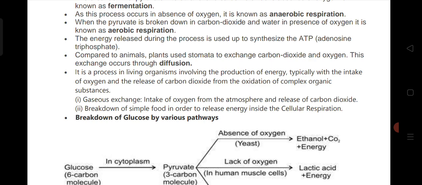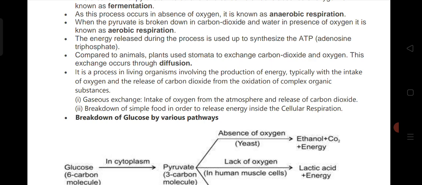The second one is the breakdown of simple food in order to release energy inside the cell, that is cellular respiration. Cellular respiration means the respiration which takes place inside the cell. So the first was gaseous exchange, and the second is the breakdown of simple food.